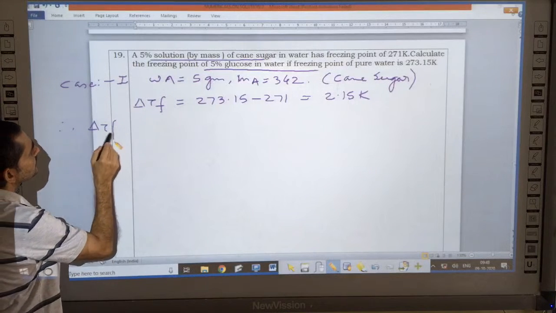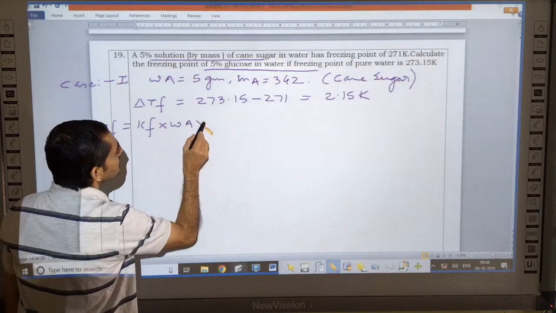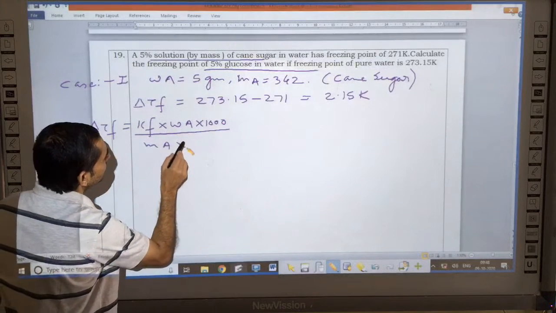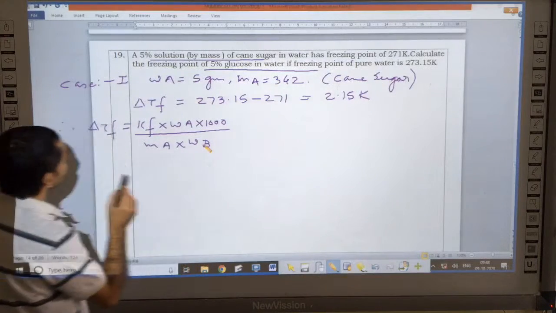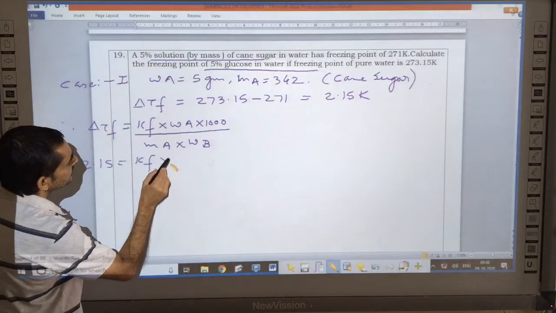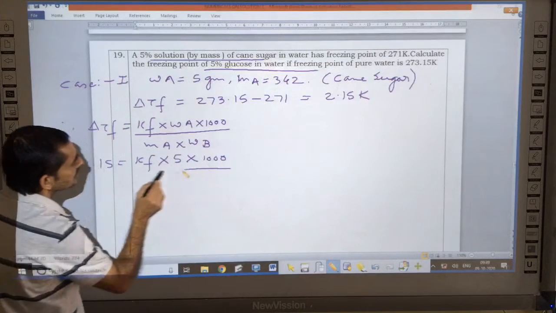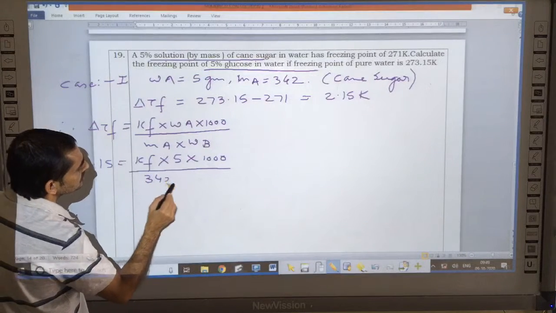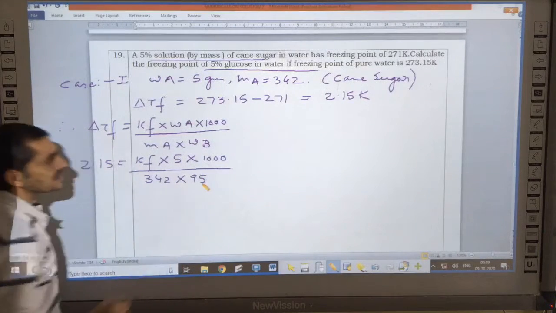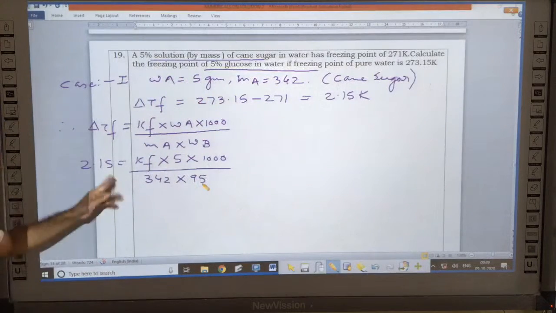Delta TF is equal to KF into, you know the formula, WA into 1000 upon MA into WB. Delta TF we have calculated. 2.15 is equal to KF into WA, 5 gram, into 1000 upon molar mass 342 into WB. Solvent mass is 95. Yes or no? The total is 100, 100 minus 5 is this. This is equation number 1.